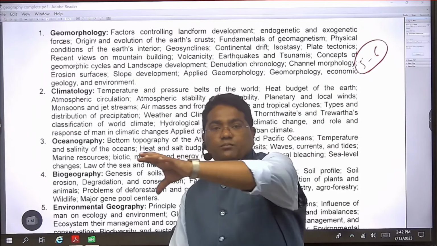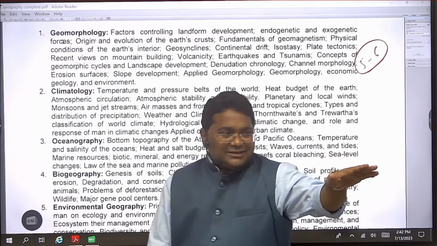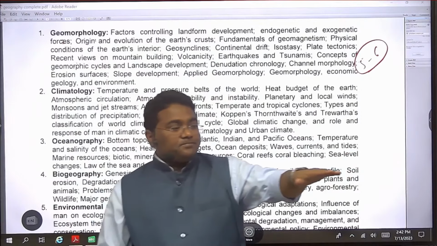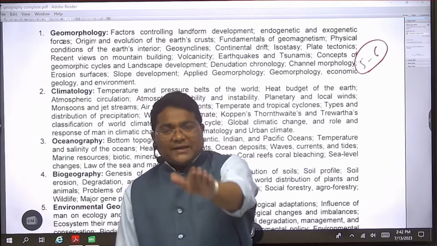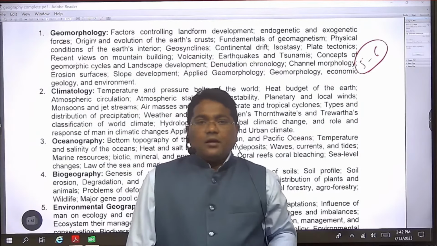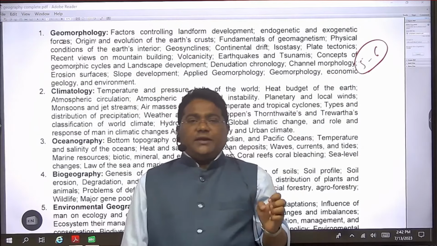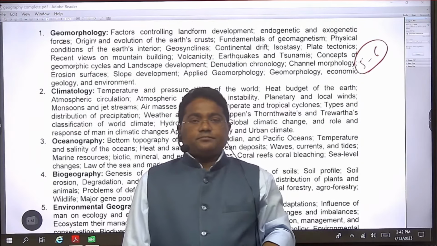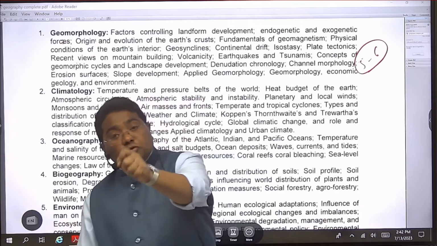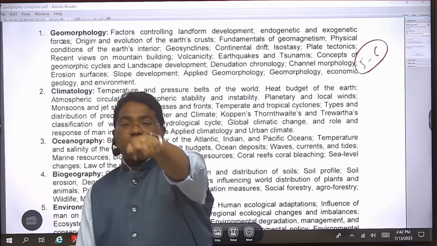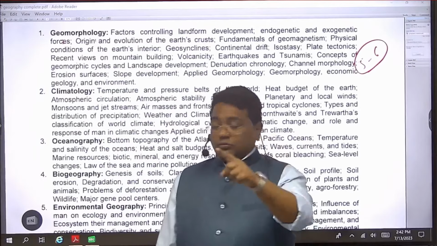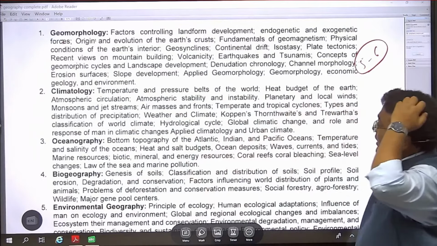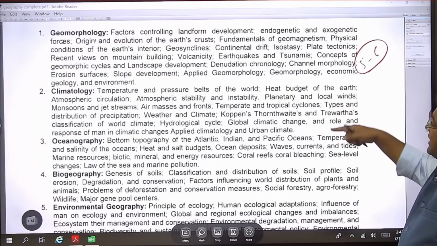Lu winds are blowing. When these Lu winds are blowing over North India, if sugarcane crop is present, it sucks the moisture out of the sugarcane. That means it is going to decrease the sugar content in the sugarcane. So Lu is the local wind. So try to add these kinds of things.